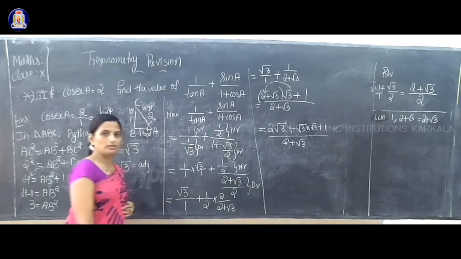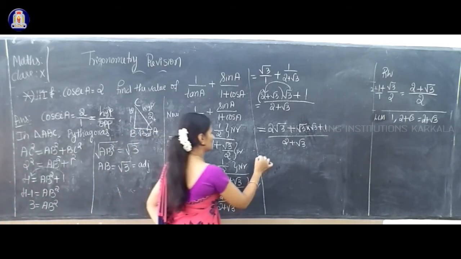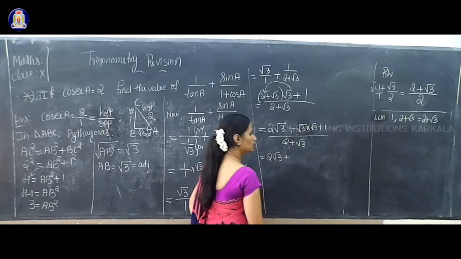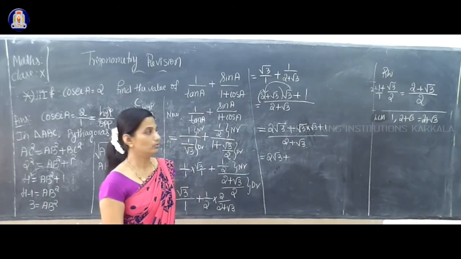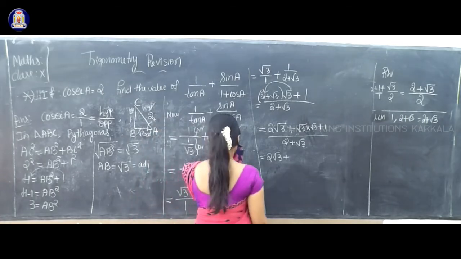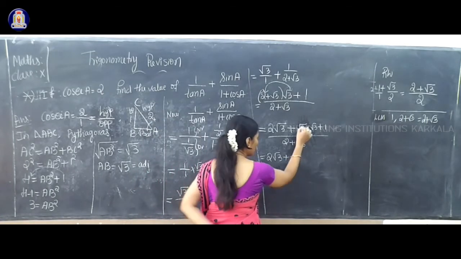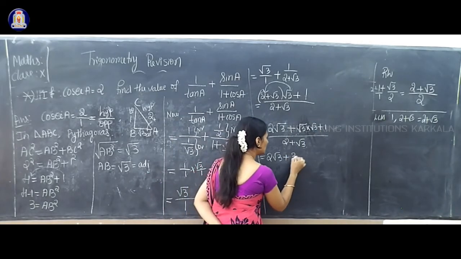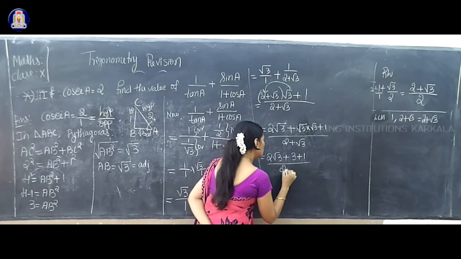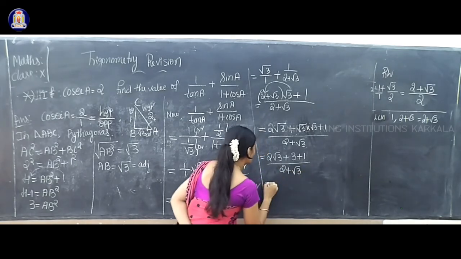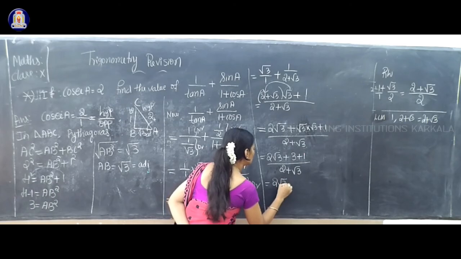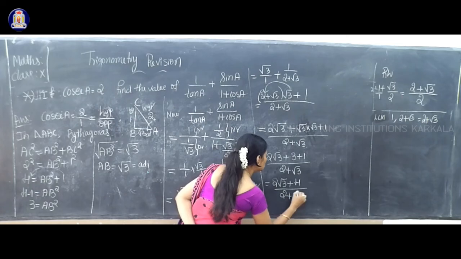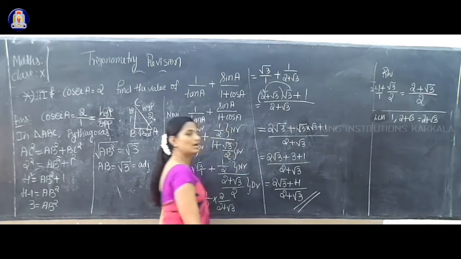Now simplification: 2 root 3 plus root 3 into root 3 is root 9, and root 9 is 3, plus 1, divided by 2 plus root 3. So it is equal to 2 root 3 plus 3 plus 1, which is 4, divided by 2 plus root 3. So this is your answer.